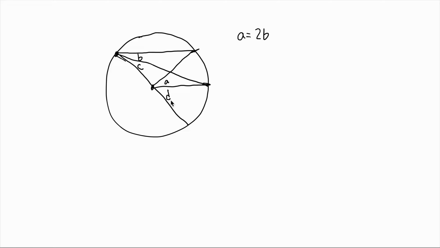Now, notice this radius here and radius here of the circle, those are the same length. So it means that we have an isosceles triangle going on here, which means that this angle right here is C as well. So C plus an angle that comes right here in the triangle is going to be 180.